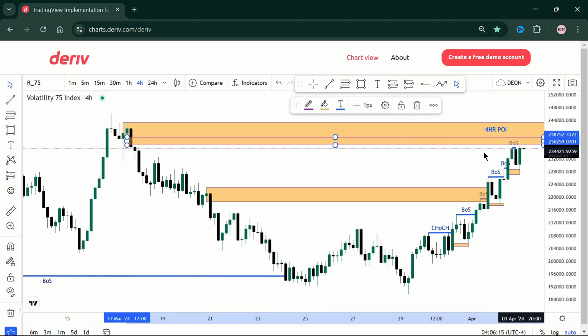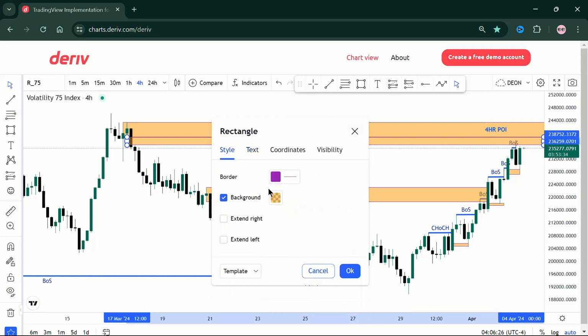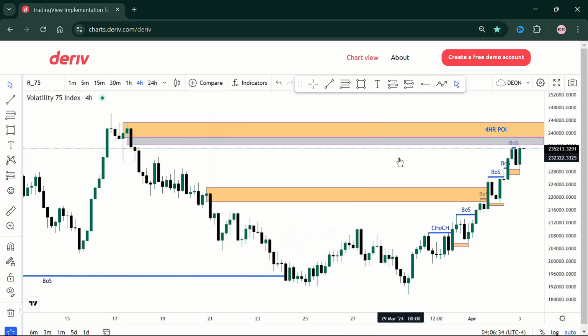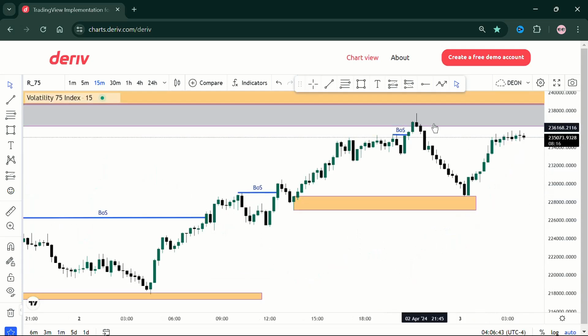I already told you, there's a reason we draw order blocks where there are fair value gaps. Let me change this color to gray. Another 15-minute chart. So that is the fair value gap.